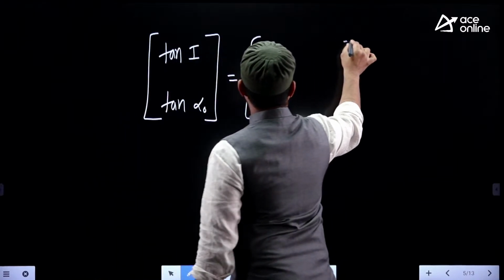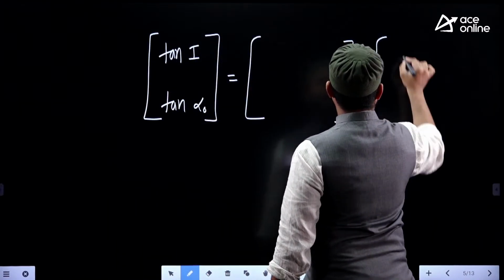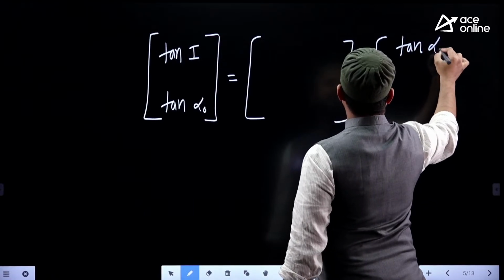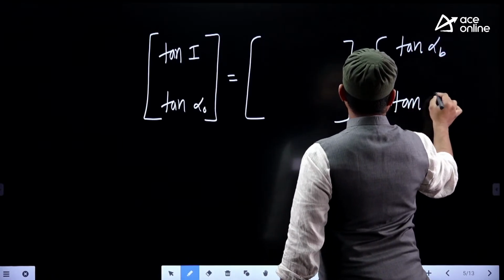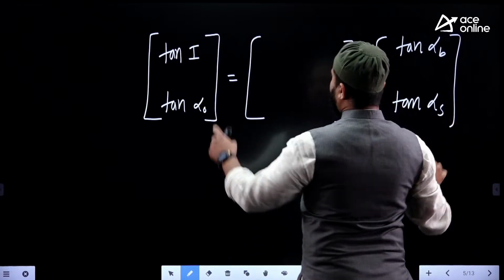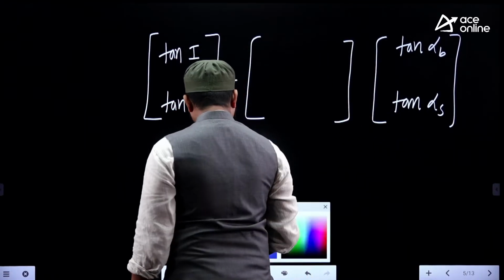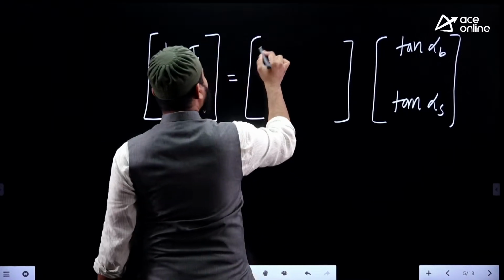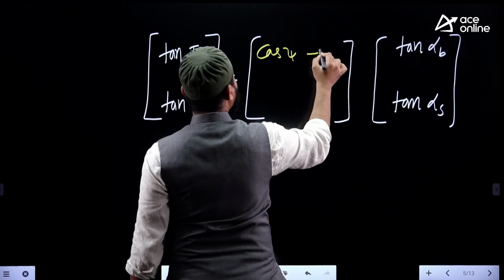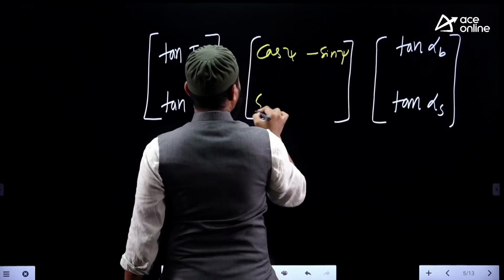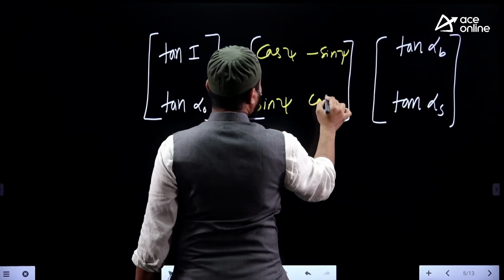But once the ASA system is given, then we use the back rake and then the side rake. So tan equations we are using to get the conversion. Here in the 2 by 2 matrix, we will be putting cos psi, minus sin psi, then sin psi, cos psi.